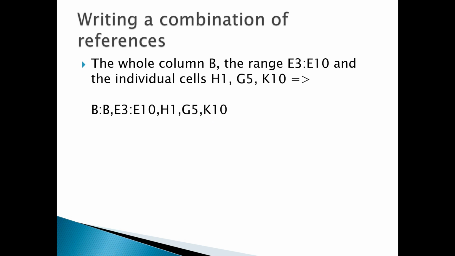That means the whole column B, the range of cells E3 to E10, and the individual cells H1, G5, and K10. So when describing a region, I use a colon and I write the beginning and the end of the region, and I separate regions or cells with a comma. You can think of the colon as to or until, and the comma as and. So E3 colon E10 comma H1 translates to E3 to E10 and H1.